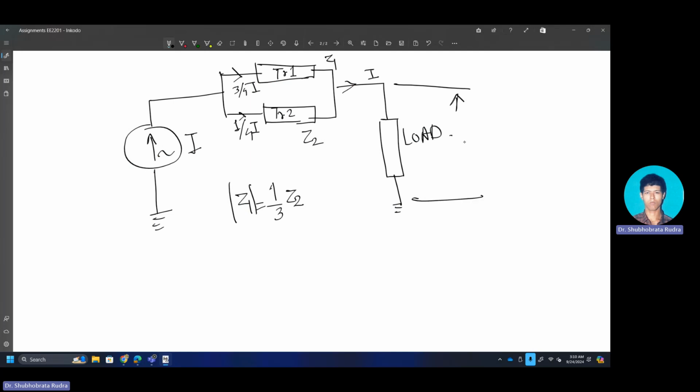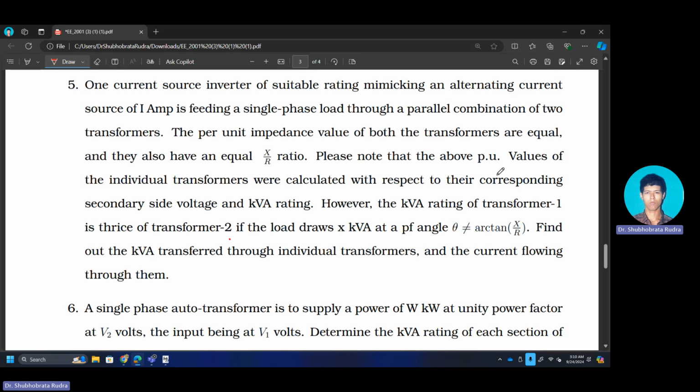So the load has some impedance value, and the load power factor angle is not equal to the transformer power factor angle. So we have to find this out.